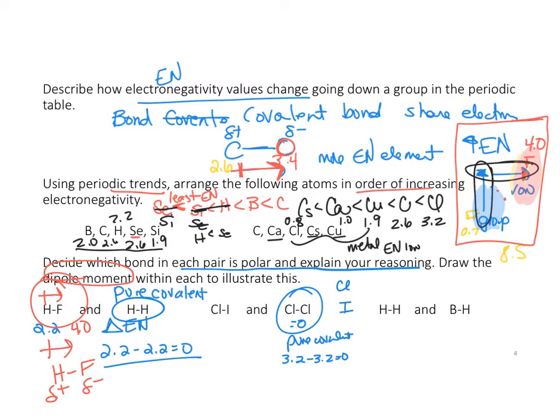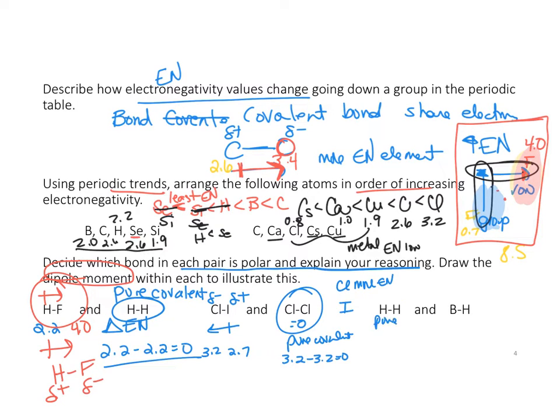We get chlorine and iodine. I would say chlorine is more electronegative based on the trend. So you might want to draw your dipole moment like this, or you could do a delta positive on the iodine and delta negative on the chlorine. Looking at your actual numbers, iodine is 2.7 and chlorine is 3.2.